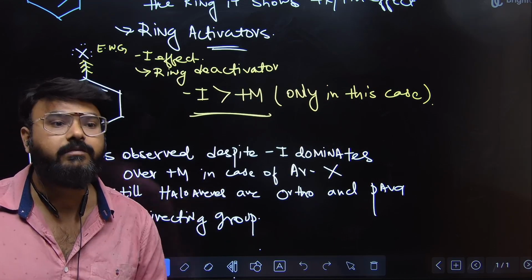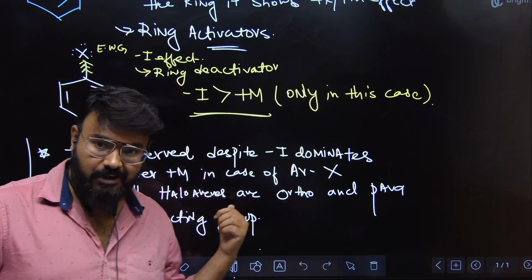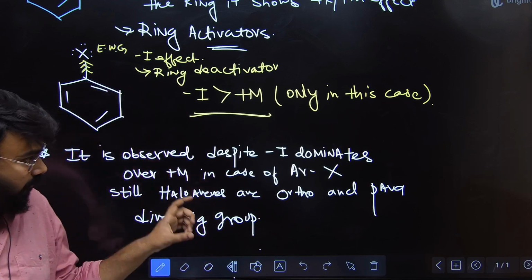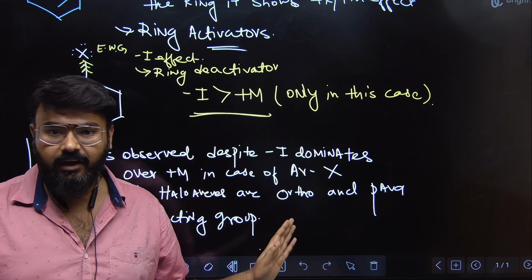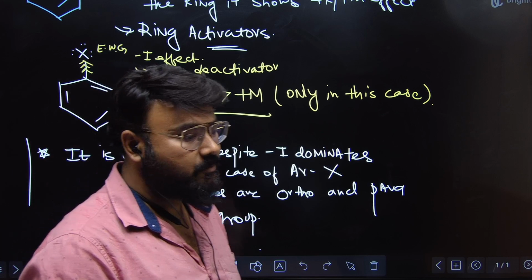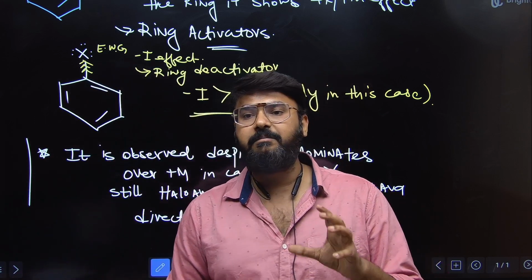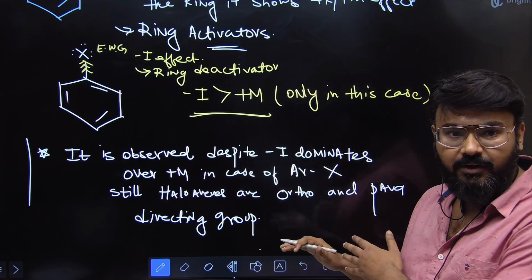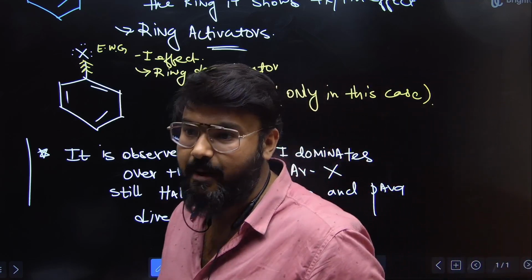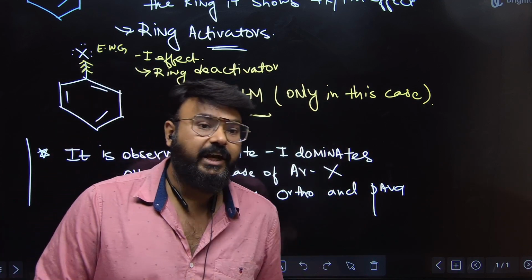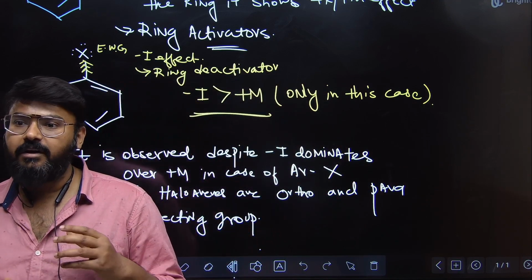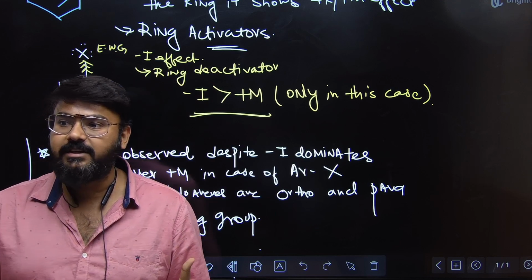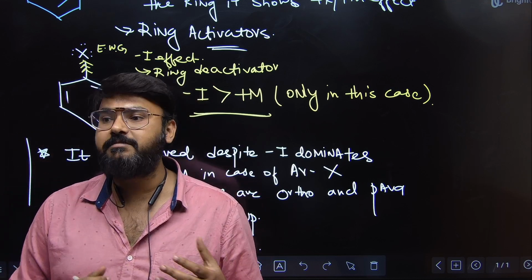That is what we're doing on Saturday, right? So Saturday I'm going to go into details on this, and we do some relevant questions. But for now, please take a note of this. One more thing I'll tell you: experimentally it is also observed the same thing. Basically in organic chemistry, we first develop a theory, then we run experiments, and then we see that experiments and theory are mismatching.